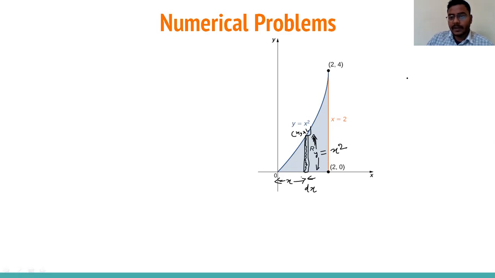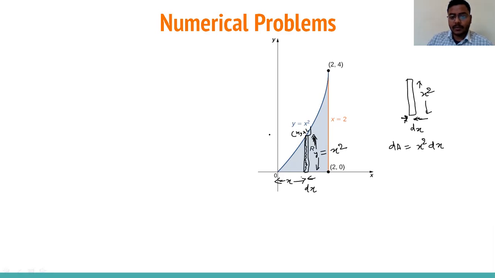So the length we get is x square, and this is dx. So a small area for this segment we can write: x square, length into width, x square into dx.